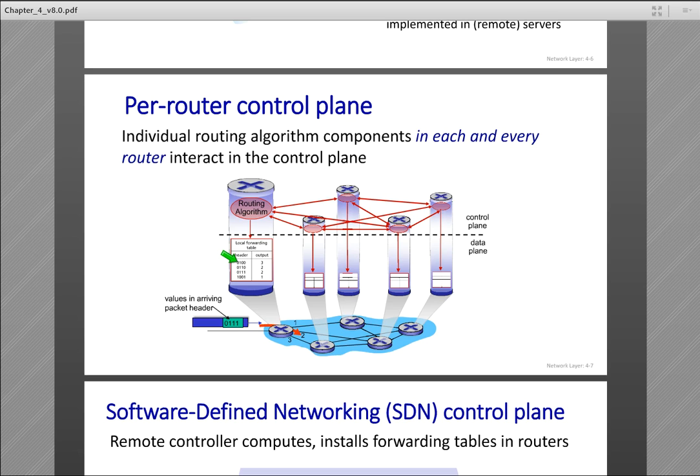So a routing table is a result of a routing algorithm.